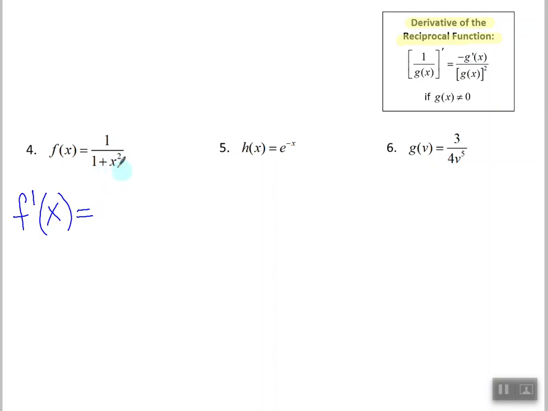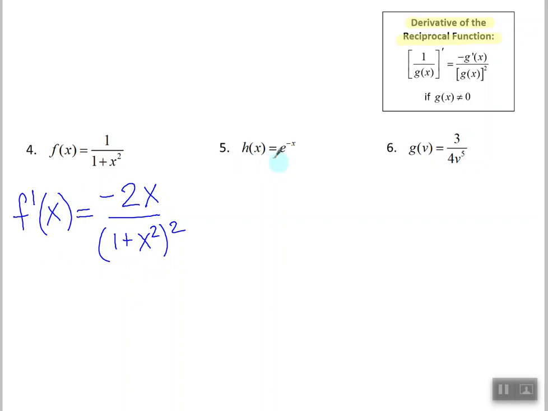The derivative of 1 plus x squared is 2x, so negative 2x, divided by g of x function squared, 1 plus x squared squared. A quick way to the answer. Of course, I could have used the quotient rule and have come to the same conclusion. Either way would work just fine.